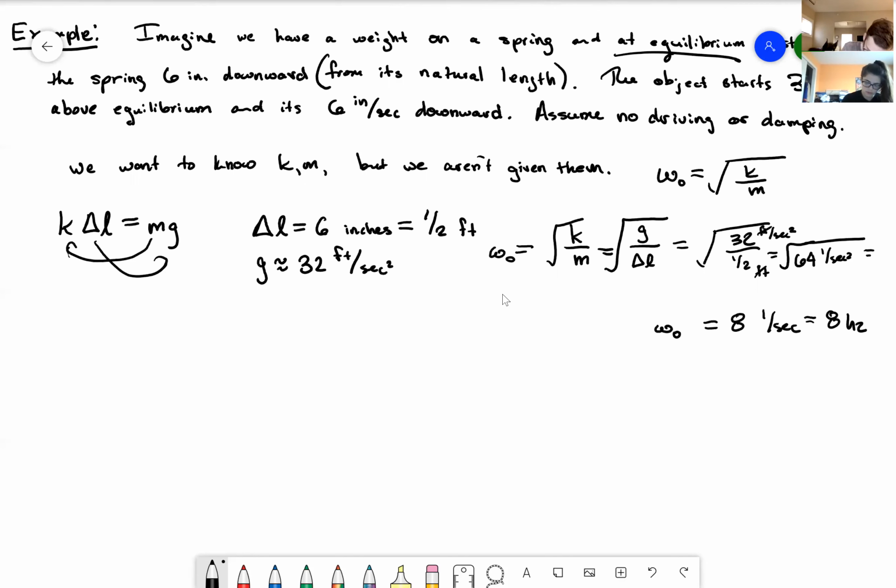Okay, so the second order linear homogeneous, in this case it is homogeneous because our driving force is 0, ODE is this. And we know that the general solution of this thing is y is equal to C1 cosine of omega 0 t plus C2 sine of omega 0 t.